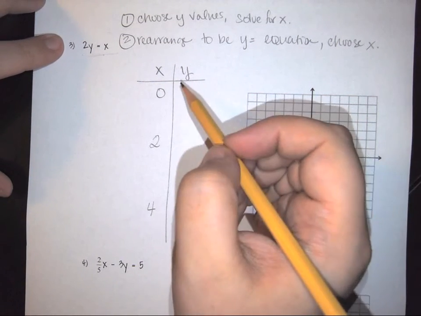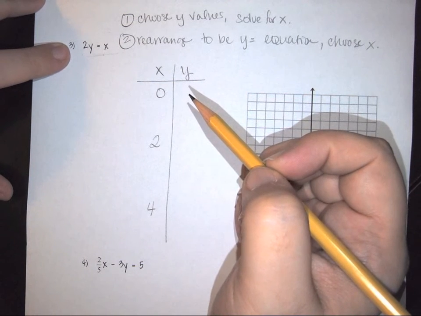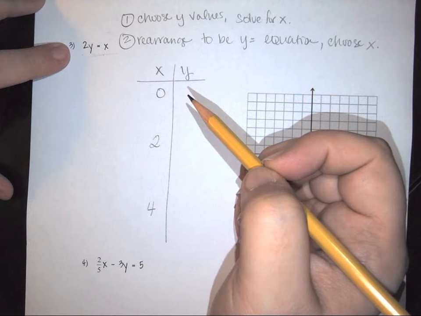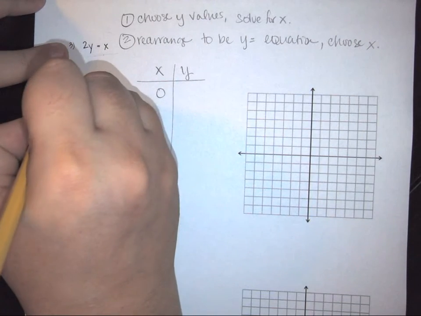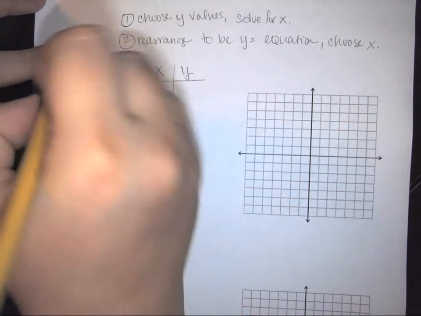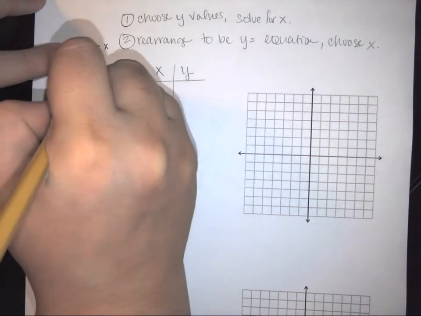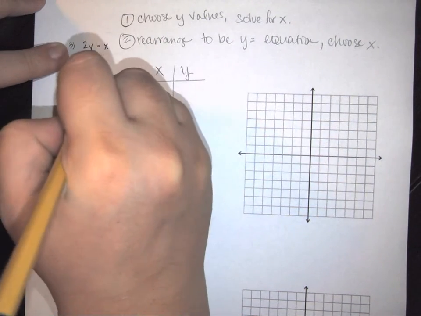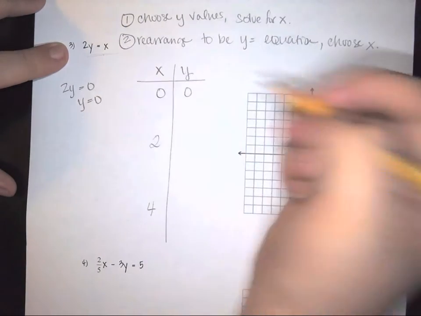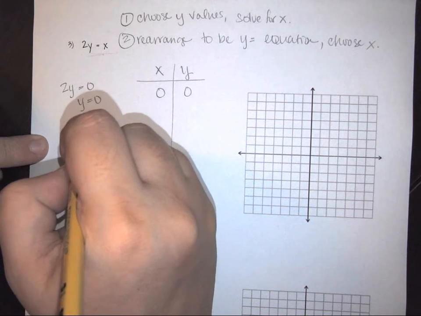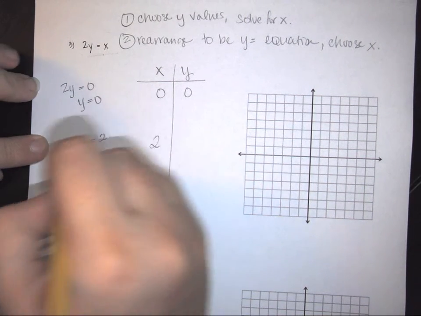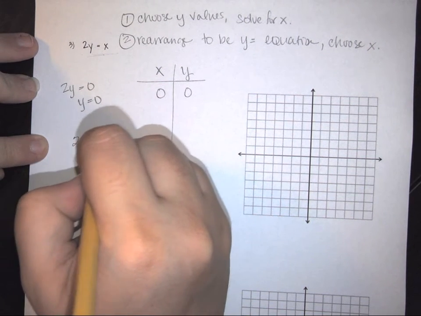And then, again, we would be solving. So here we're going to have 2y is equal to 0, so y equals 0. So this is the point 0, 0. Then we also have that 2y is equal to 2, so divide everything by 2, and y is 1.